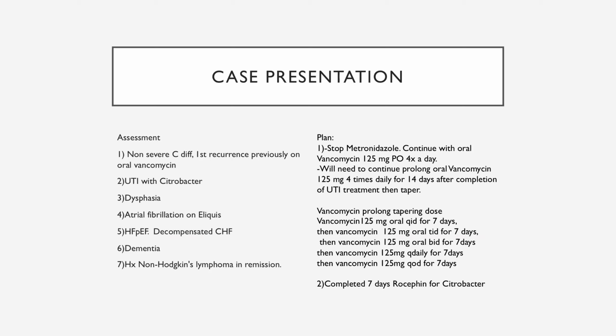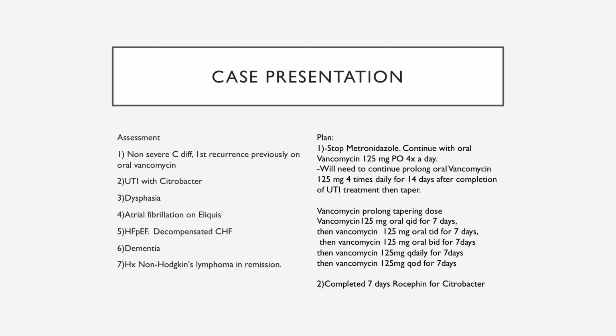You should think about vancomycin tapers like you think about steroid tapers. It's not really a hard algorithm or set that you need to follow. It's really based off the patient and the clinical presentation.